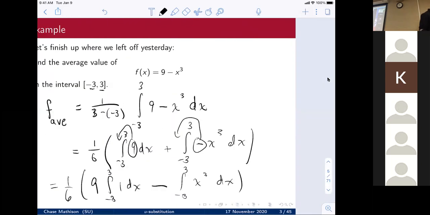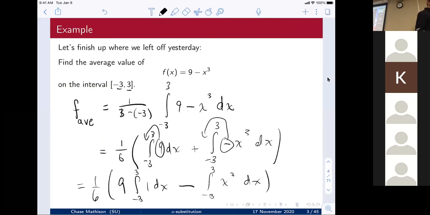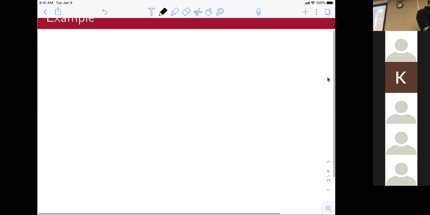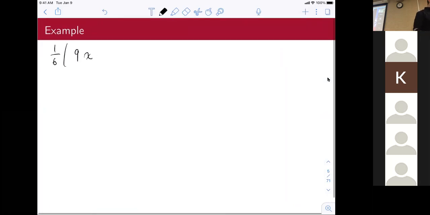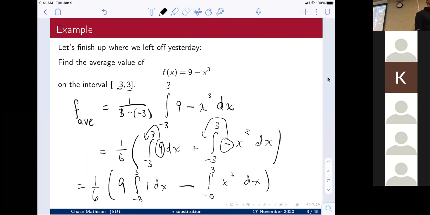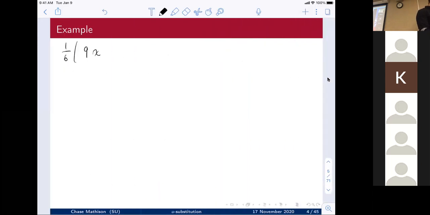So what is an antiderivative of just 1? Just x. Yeah, very good. So I'm going to get 1/6 still out in front of everything, times 9 times x from the first integral. And what's an antiderivative of x cubed? Good.